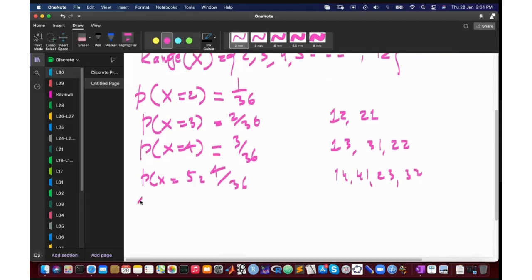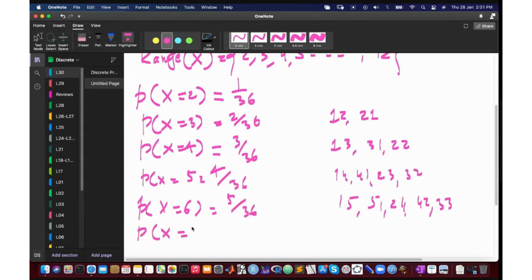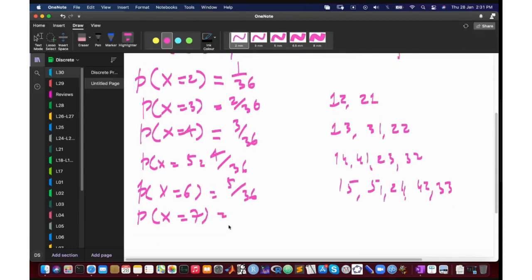What's the probability that X is equal to 6? You can get 1 5, 5 1, 2 4, 4 2, 3 3. So it's 5 over 36. And what's the probability that X is equal to 7?